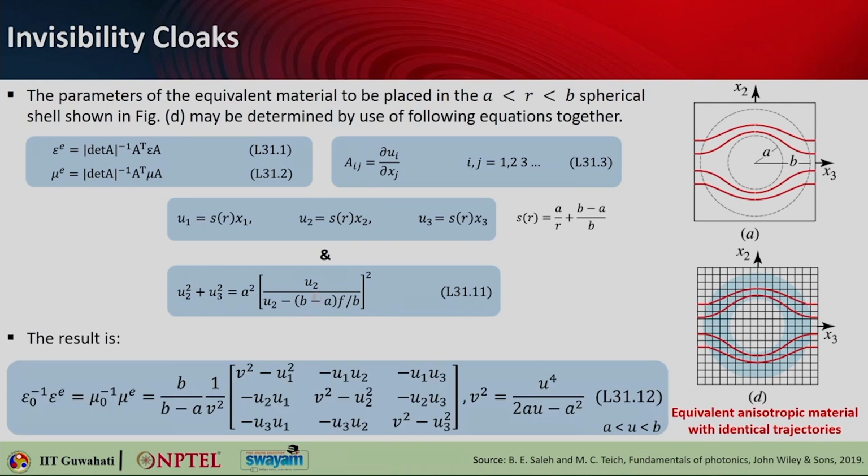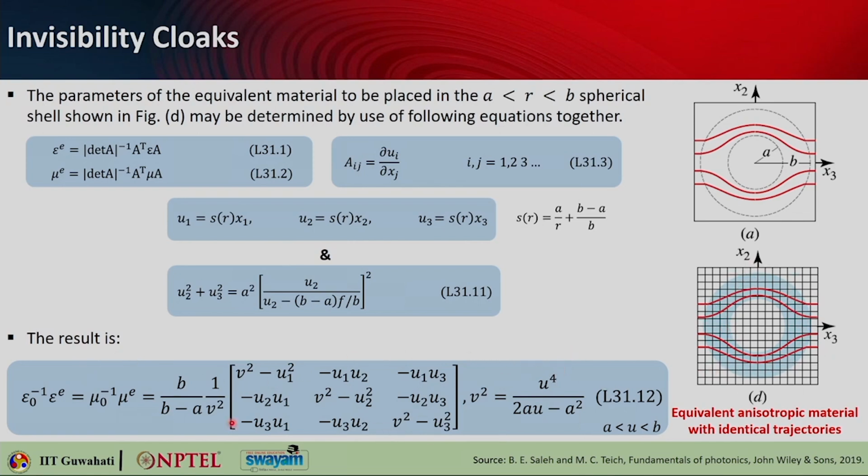Once you know all these things, you can find out that you require the material's equivalent permittivity and permeability to have these values, where V square is basically u to the power 4 over 2Au minus A square, where u is ranging from a to b. So, this is how this shell has to be replaced by this kind of material that will do this trick for you.